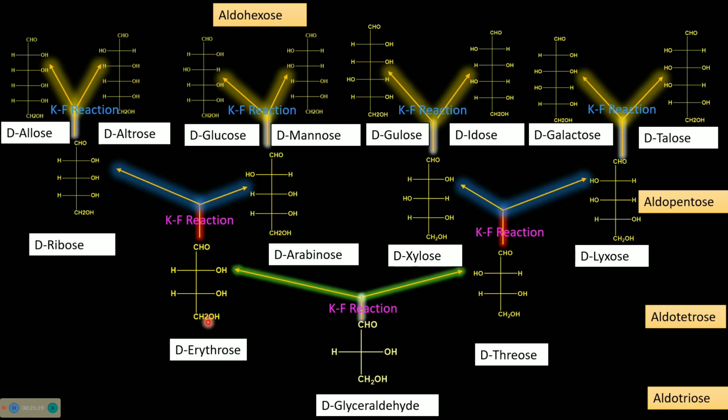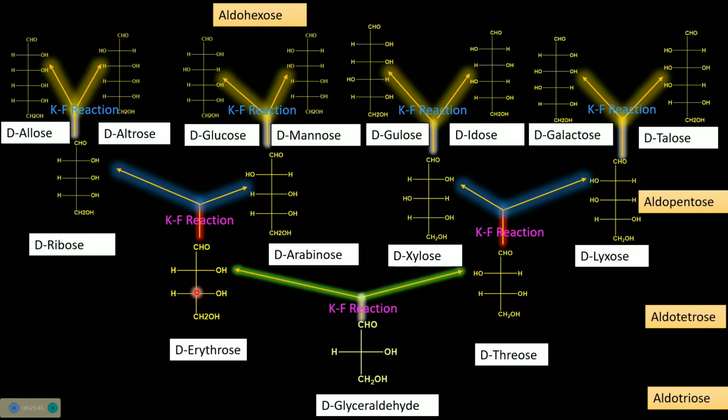So you can easily draw the product without any hesitation. This is the aldotetrose with 4 carbons; draw the aldopentose, CHO at top, CH2OH at bottom, with 3 carbons in between, 1 2 3.